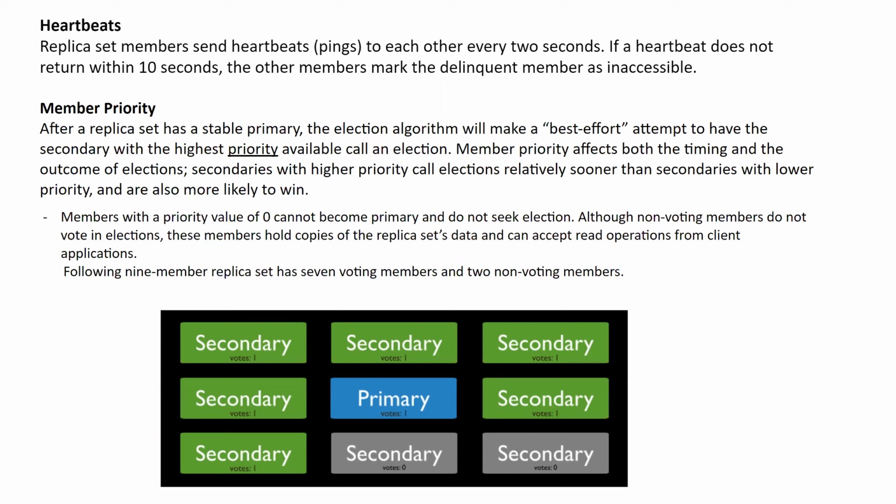The secondaries that take part in the election process could be strategically chosen, based on some criteria. In a multi-data center architecture, say you have 3 replicas in each of 3 data centers.